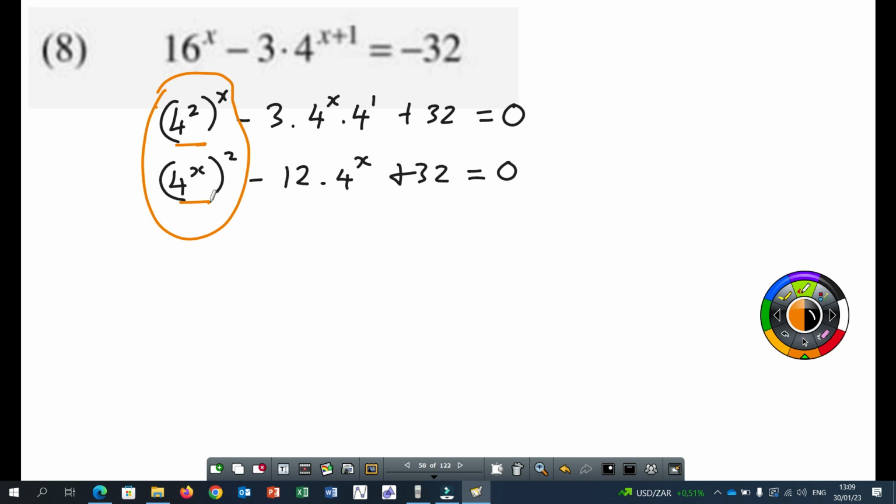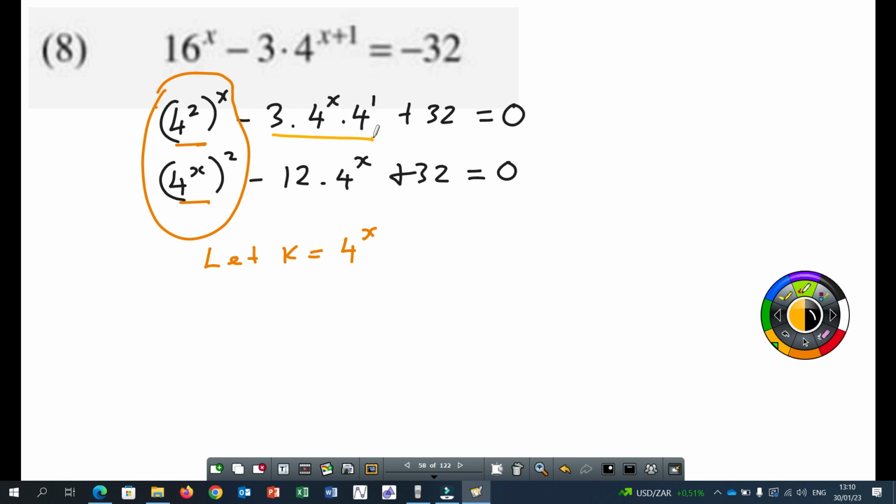So from here, you can use the k method. So let k be equal to 4 to the power of x. With the 12, please be aware that we have got multiplication here. It's 3 times 4 to the power of x times 4.